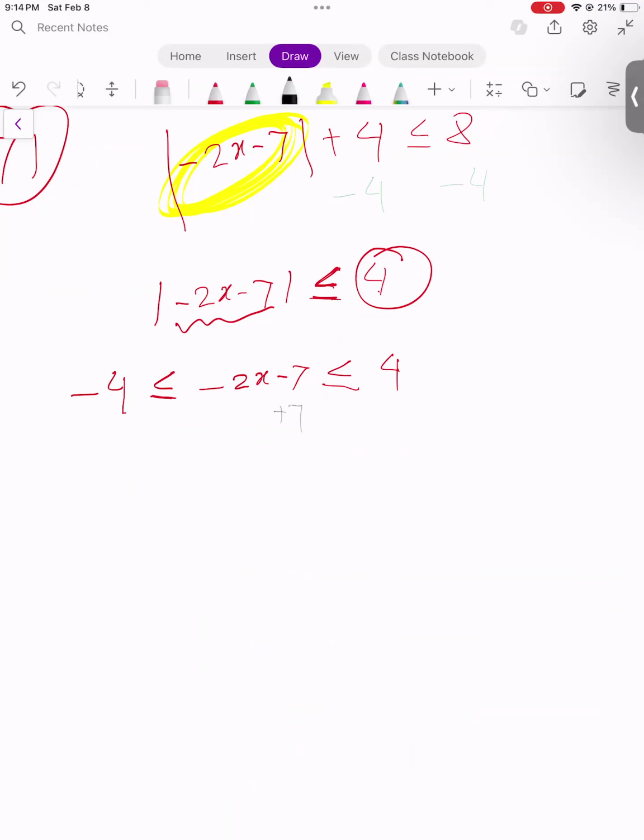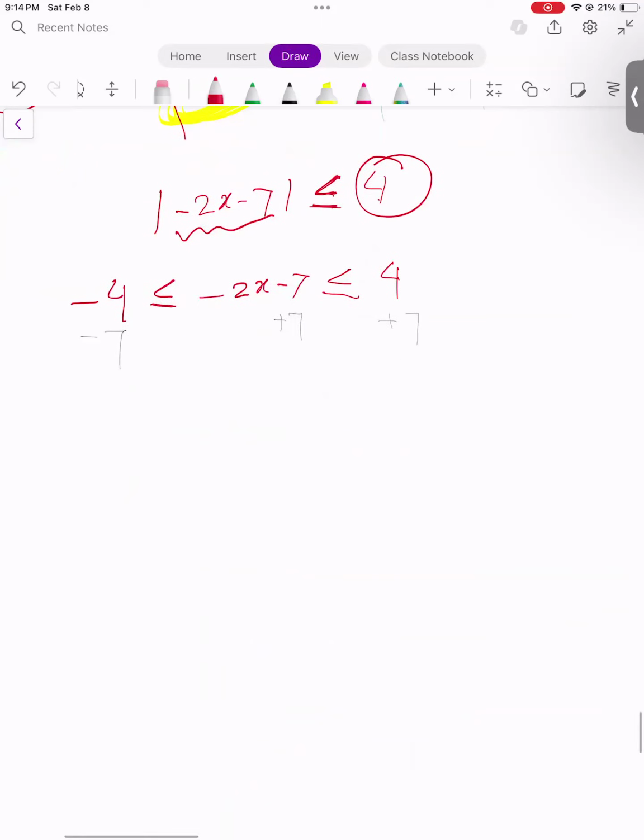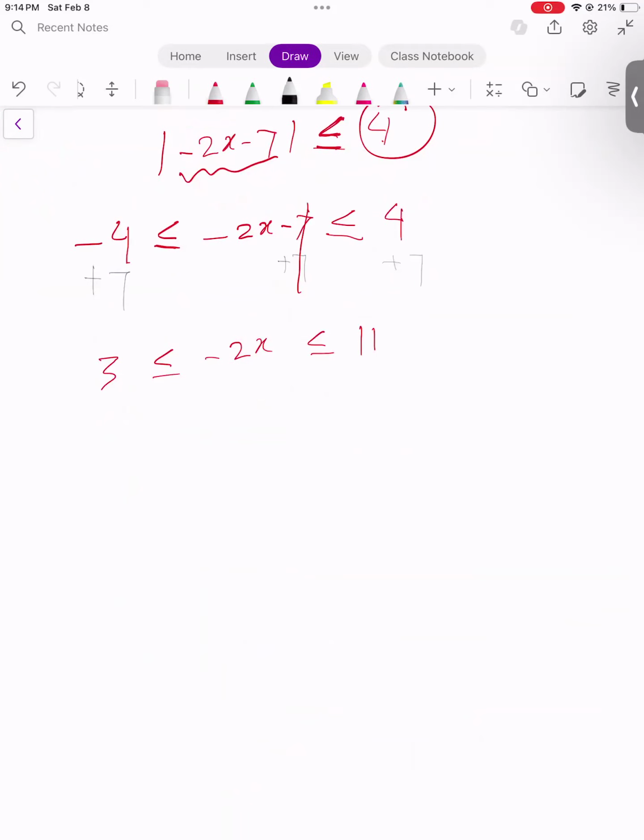You add 7 to get rid of -7 from x. Sorry, we are adding 7 to every part. So this is 3 ≤ -2x ≤ 11. Now to get rid of -2, we are dividing every term by -2.